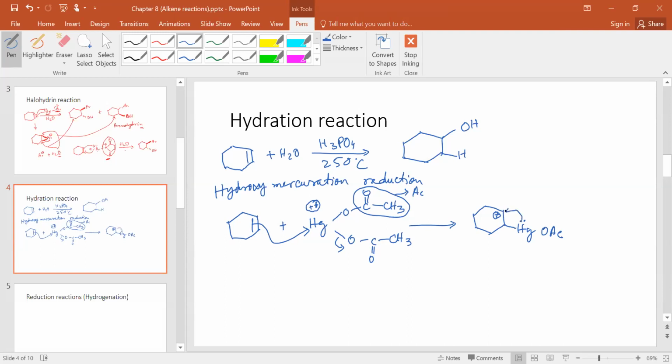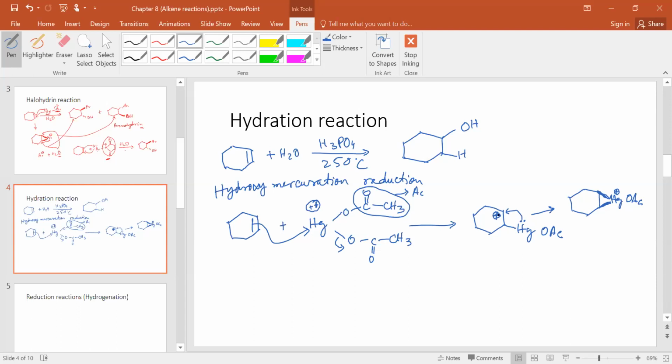So this again will make a bromonium ion like intermediate here, a kind of mercuric intermediate, OAC. You see this one here as a carbocation, so it has more of a carbocation type intermediate.